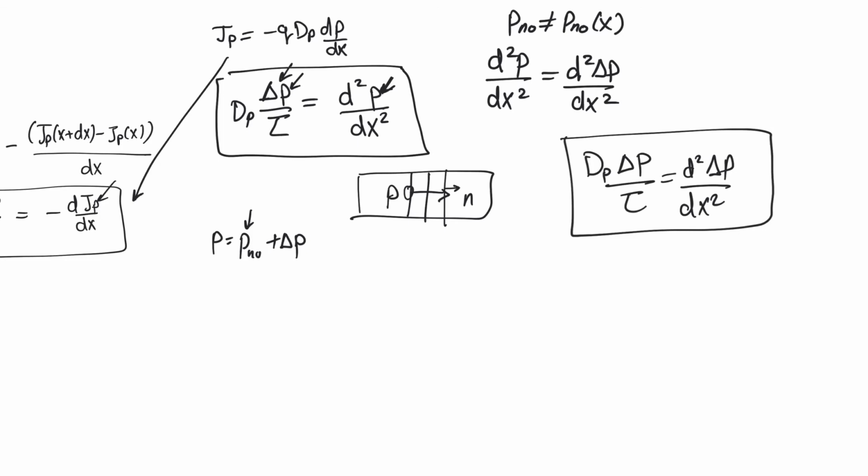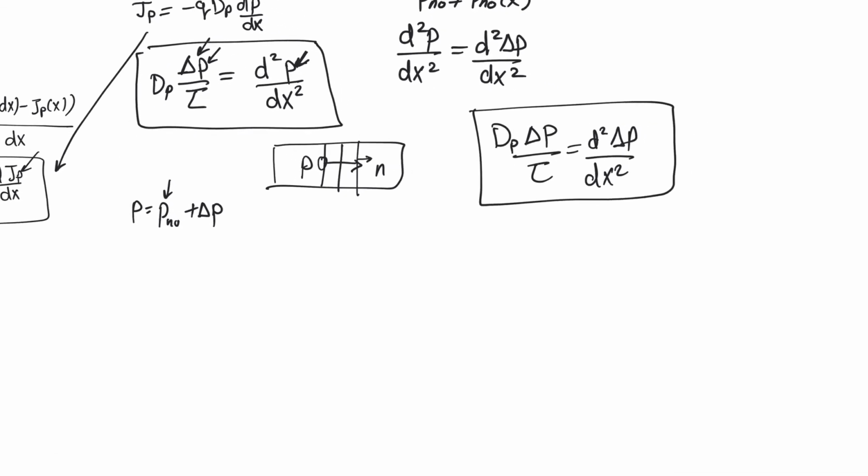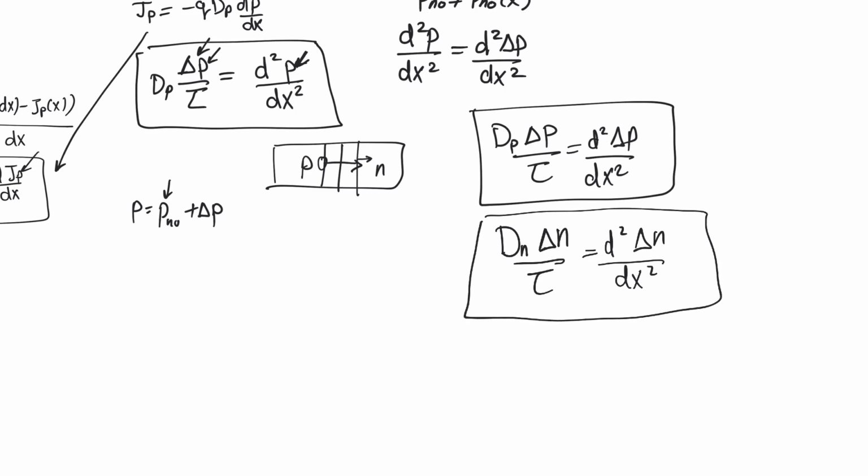It is important to understand that there is also a similar equation for electrons on the p side. We will have delta n over tau is equal to d squared delta n by dx2. Now, it's important to understand that the tau here is different from the tau here.